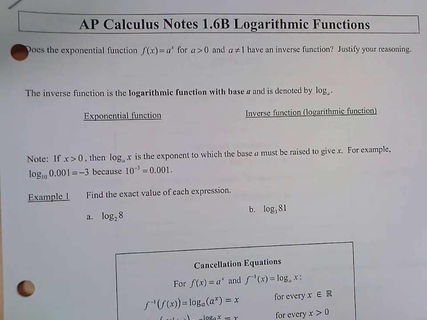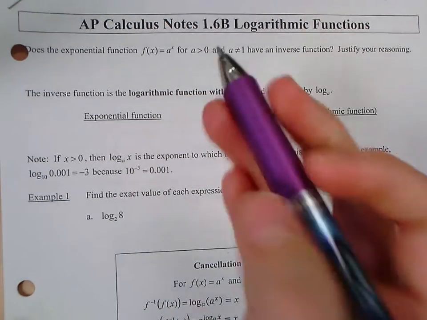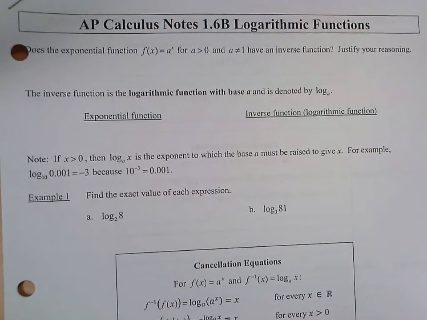But what property did we talk about yesterday that says a function has an inverse? The horizontal line test tells you you have what type of function? A one-to-one function. So all exponential functions are one-to-one.